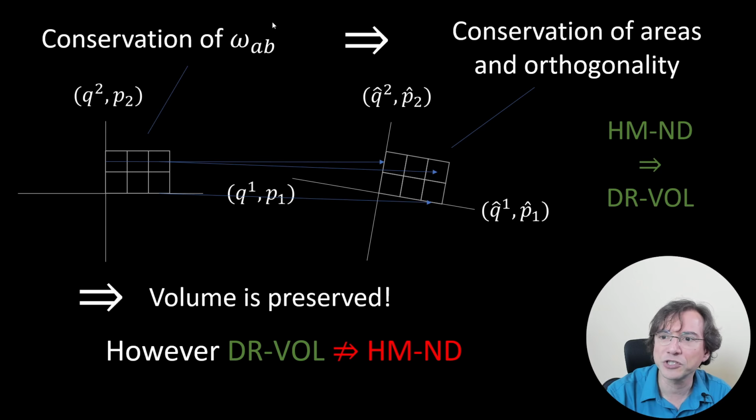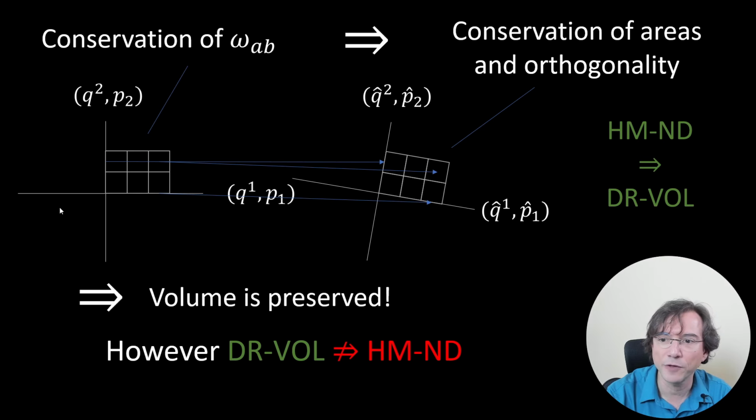So when we are conserving the omega, what we are doing is essentially mapping this area to a new degree of freedom, right? But still the area remains the same. In the same way, we're mapping this area to basically an area of the same size in a different degree of freedom, and we are preserving the orthogonality.